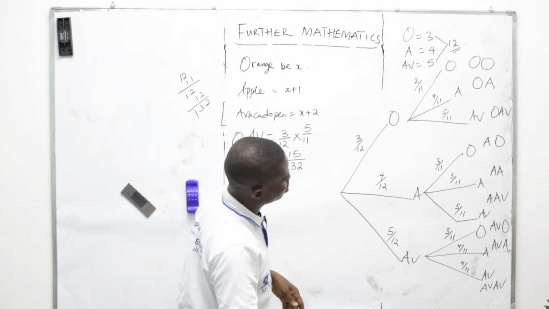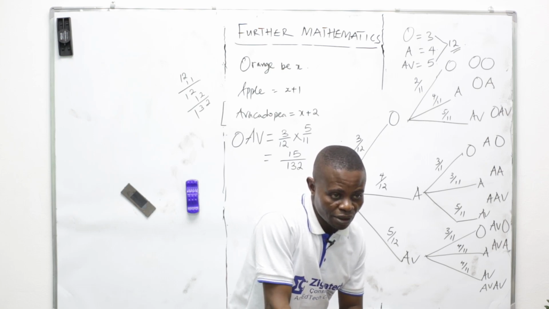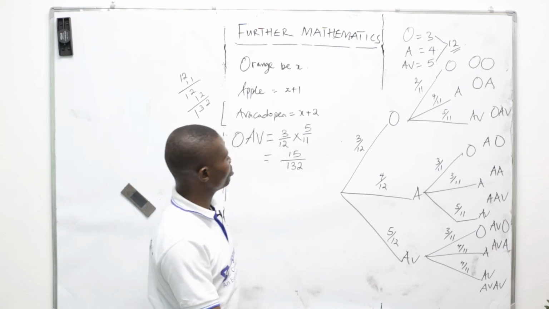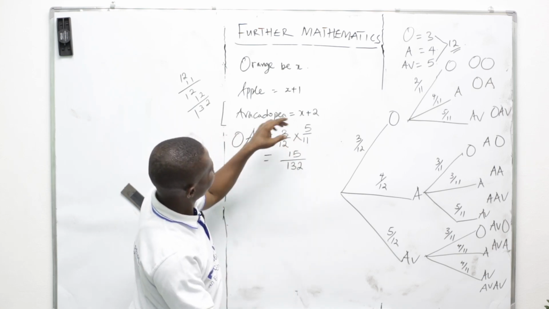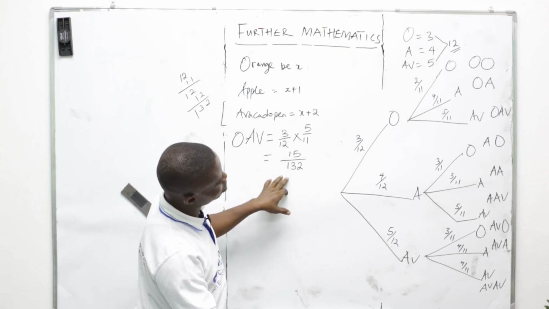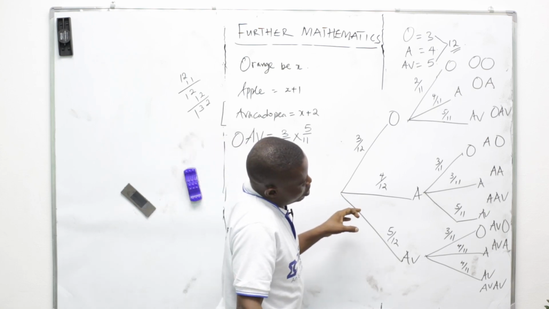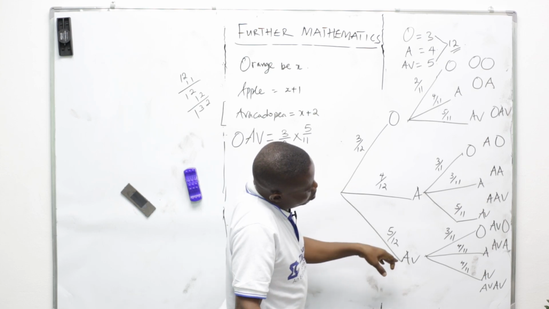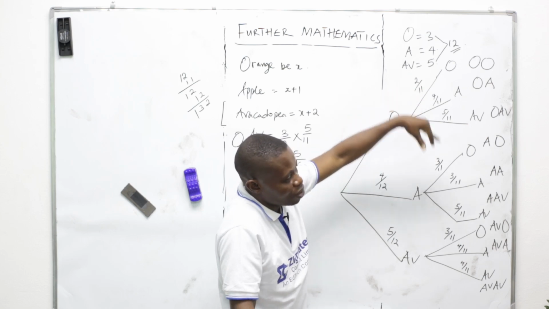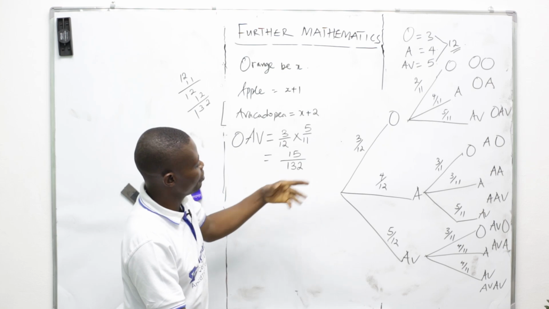Now, the probability that the first is an orange and the second is an avocado pear will mean what? 15 all over 132. The question did not go the other way, avocado pear before orange. That is, the first is orange and second avocado pear, meaning OAV.